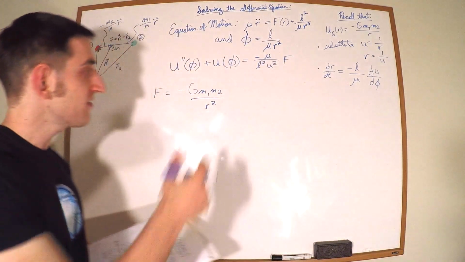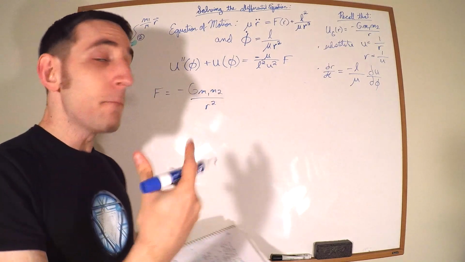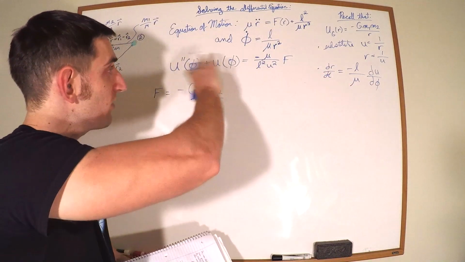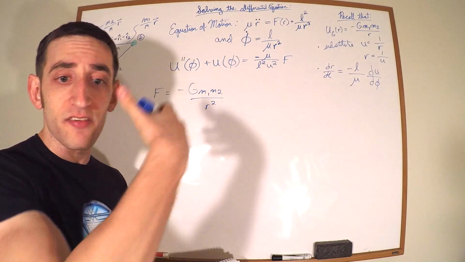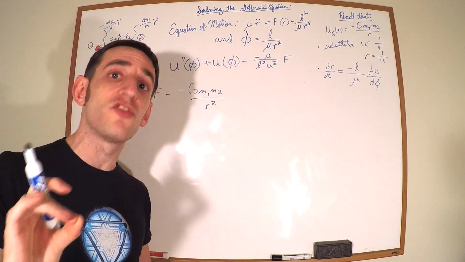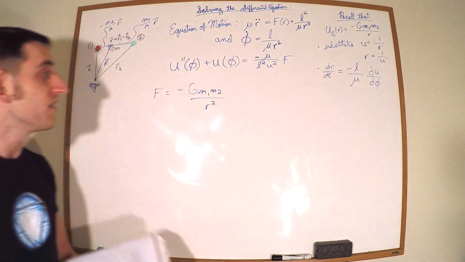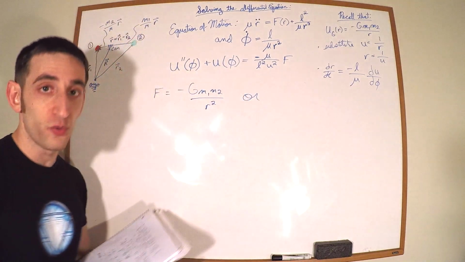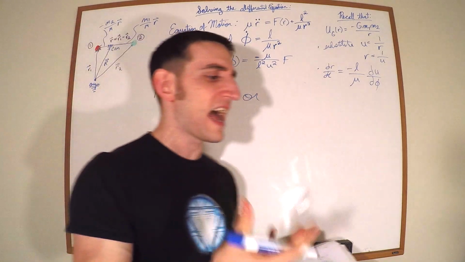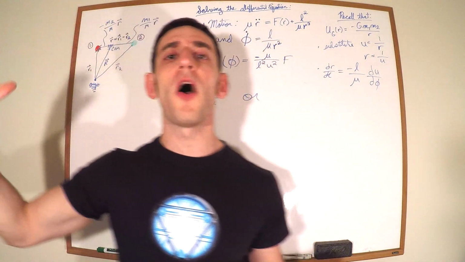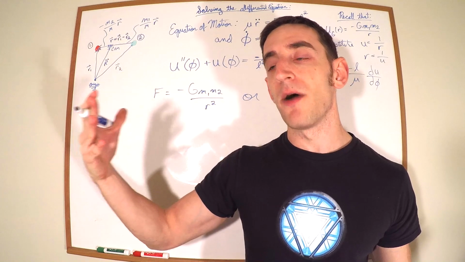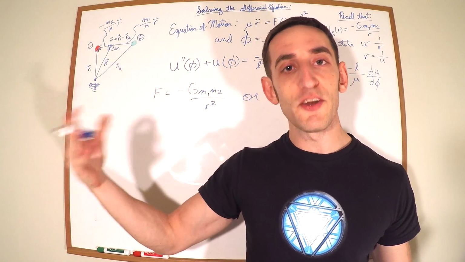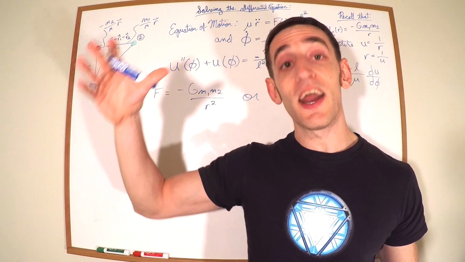However, this tends to crop up in other models, other phenomena, other physical situations in which we have this kind of behavior, especially with two-body central force problems. The other natural force we tend to see is when we take a look at two charged particles, a proton and an electron.